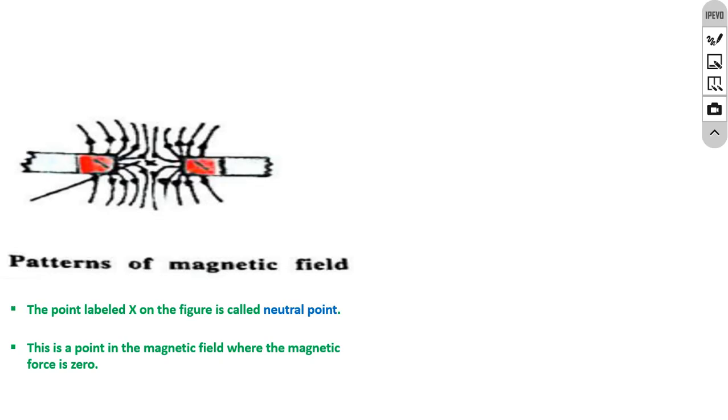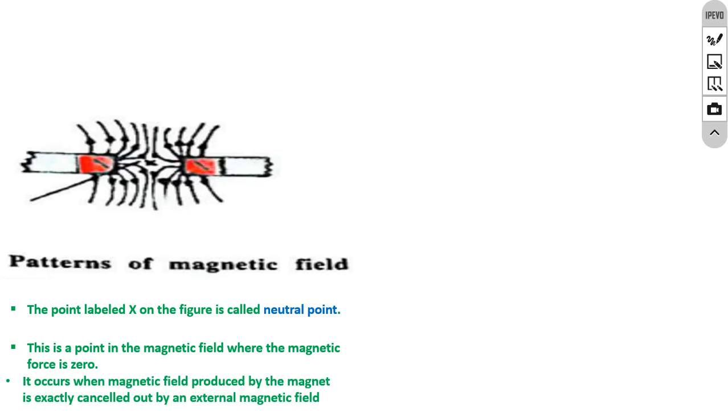This is a point in the magnetic field where the magnetic force is zero. It occurs when the magnetic field produced by the magnet is exactly cancelled out by an external magnetic field.